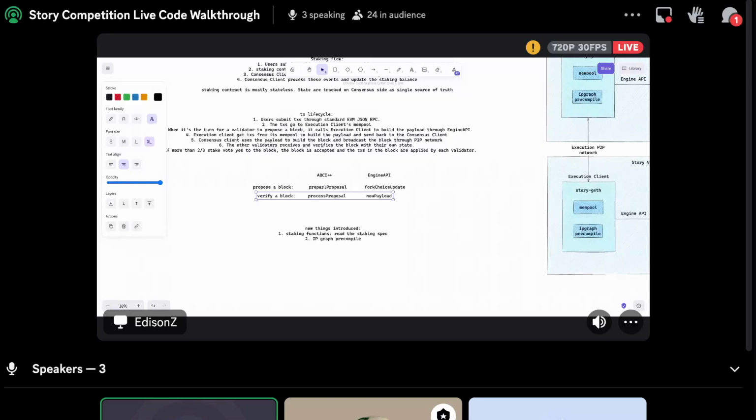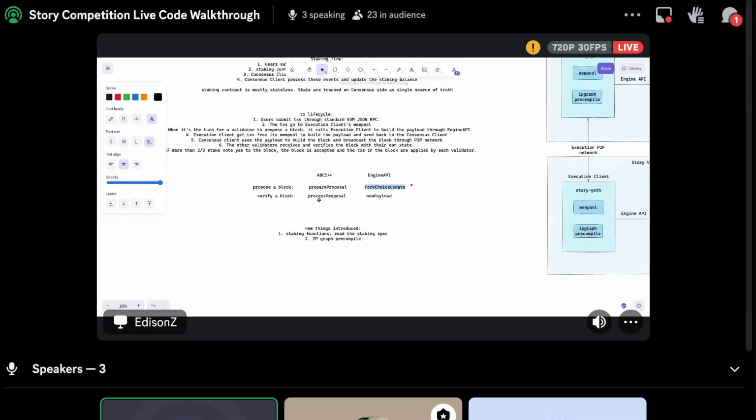So in CometBFT, whenever you want to propose a block, you prepare a proposal. And during the prepare proposal, you need to build a payload. So in that case, you'll call the engine API fork choice updated endpoint to propose that block. And same thing on the verification side.